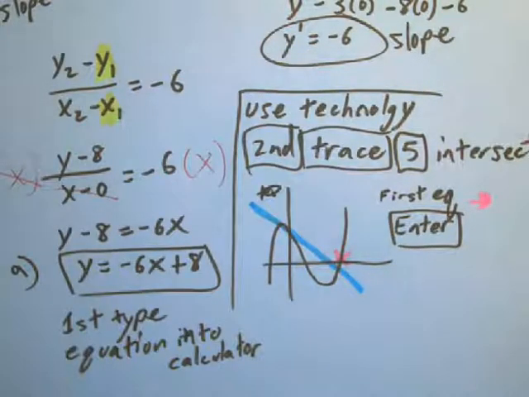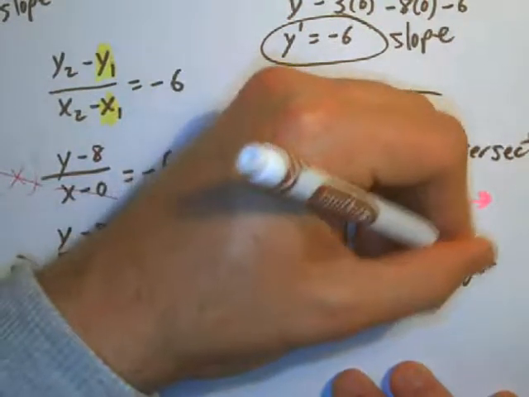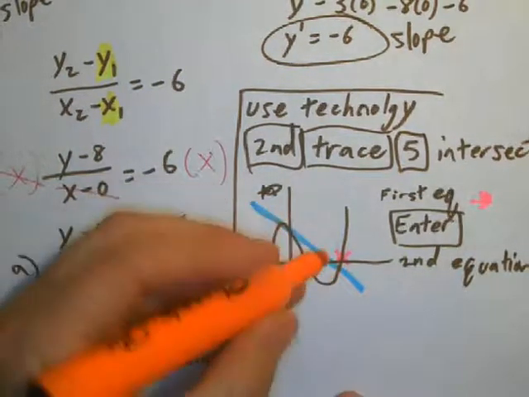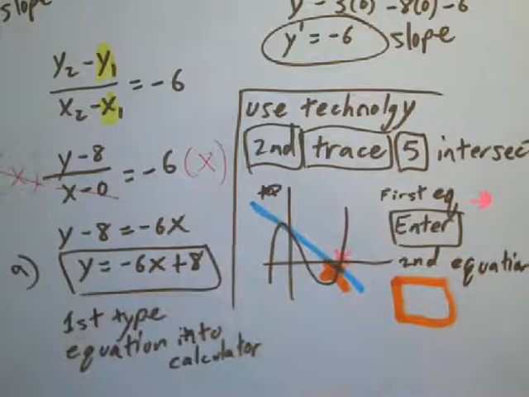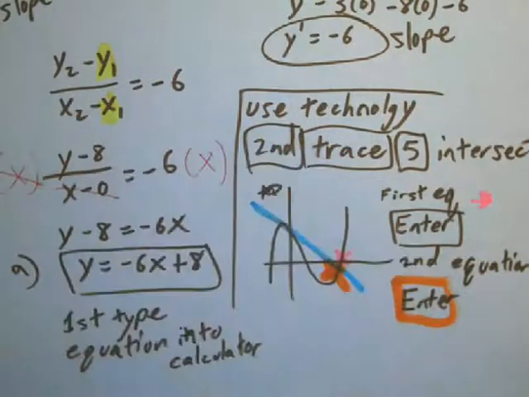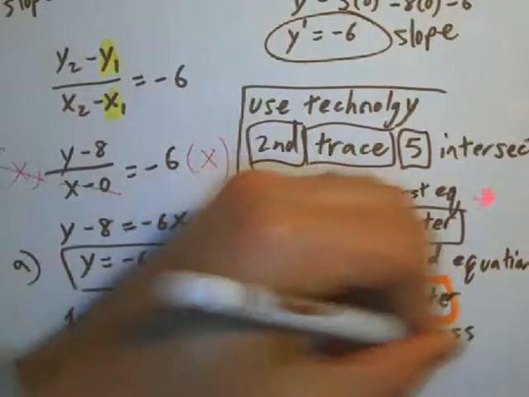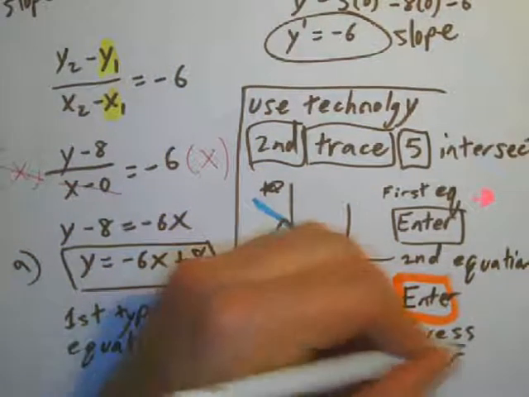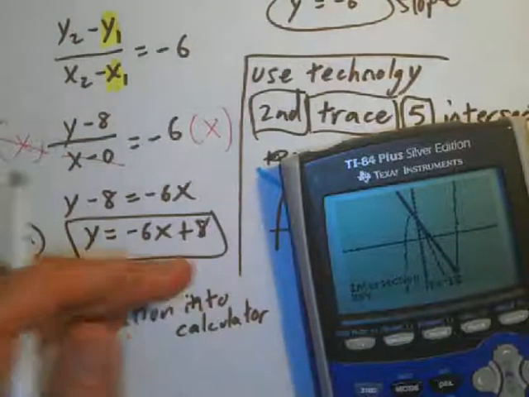Then it said second equation, and we also kept it somewhere over here, and we hit enter. Then it says guess, and we hit enter. And then it tells us our intersection is (4, -16).